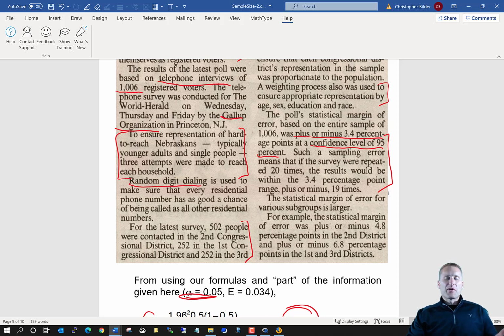In my career as a statistician, I've seen this in the media maybe 2 or 3 other times. I really like the fact that some political polls will mention the margin of error, and that's great. I'm glad that they're doing that. But they need to go a step farther and also mention the confidence level too.